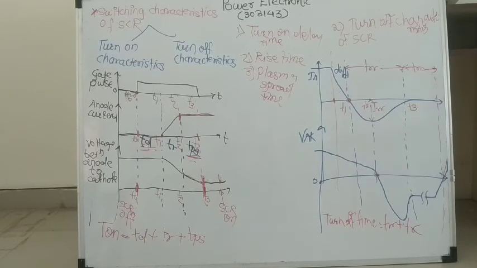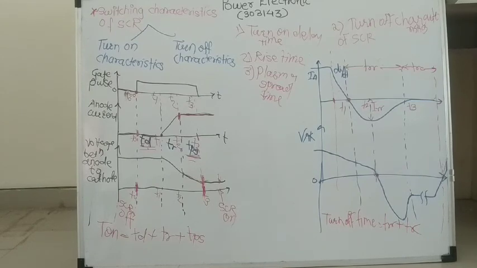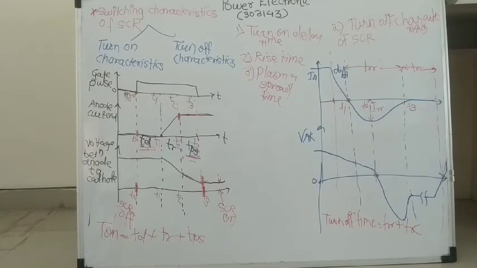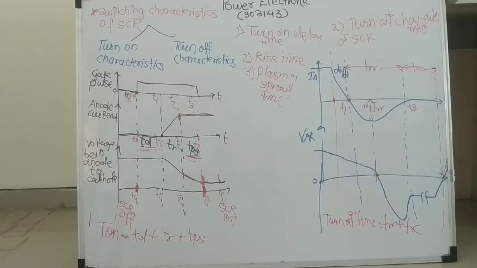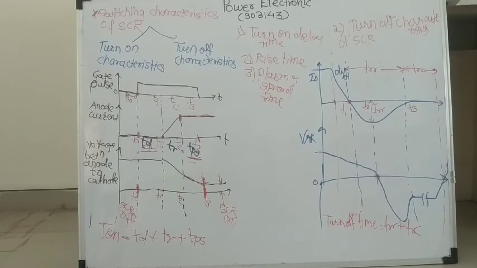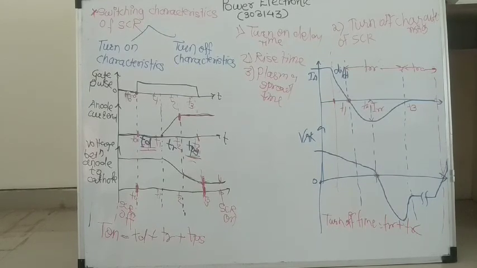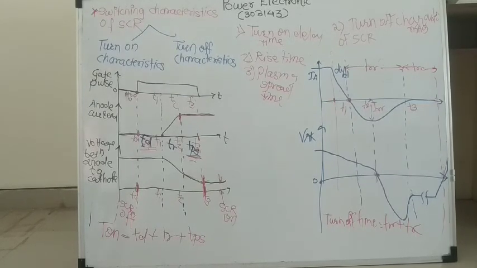Hence your circuit turn off time is always higher than the SCR turn off time. And when your circuit is completely off, then only is there no possibility of turning on the SCR. First of all, we have to take care to completely turn off the SCR and the circuit. Okay, thank you.